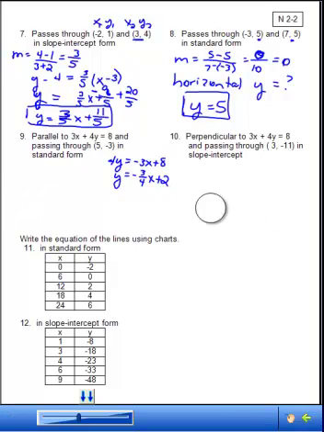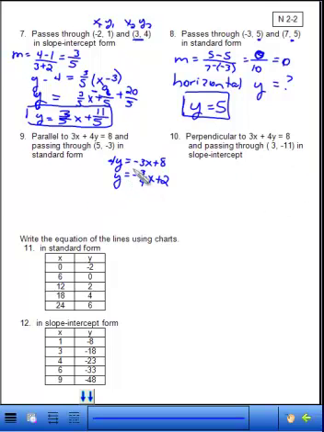Now the only thing we need from this information to solve these problems is this slope right here. The parallel line, for this new line, the slope's the same. And over here for the perpendicular line, we change the sign so it's positive, and the slope is 4/3.